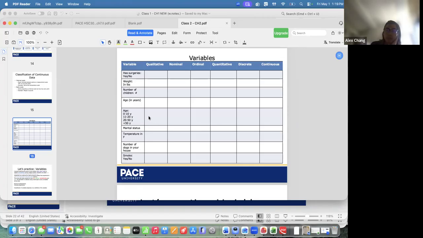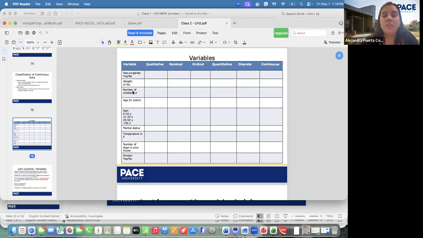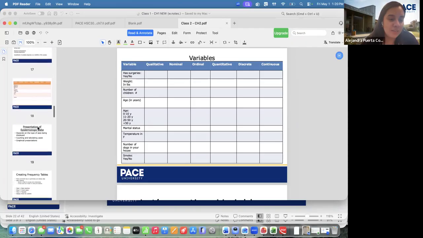Ordinal. Qualitative ordinal. Okay, number of children. Discrete. Yep, quantitative discrete. You cannot have half of a child, right? Weight in pounds. Continuous. Yep, continuous. Good.